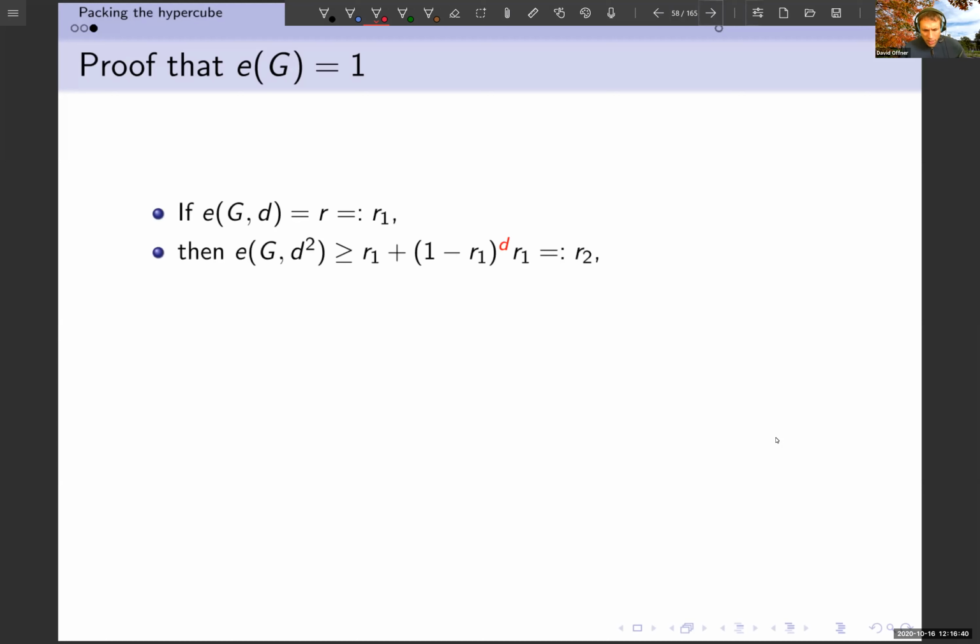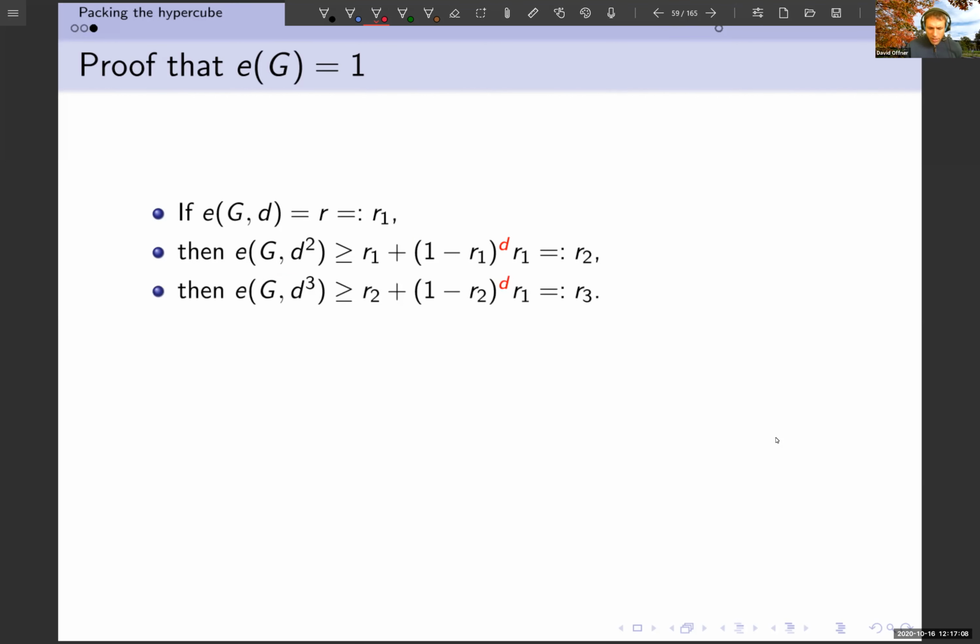And so what you get is not a geometric series actually, but sort of an iterated function. So if I start off with a packing of Q_d with density R1, when I take Q_d squared, I get the same density as I had before, plus this additional density I'm able to pack, and I call that R2.